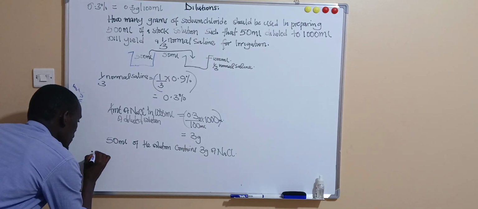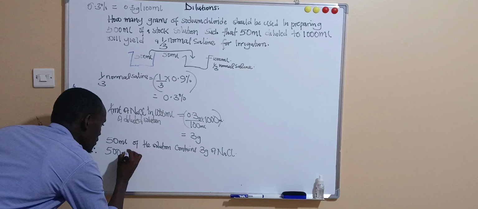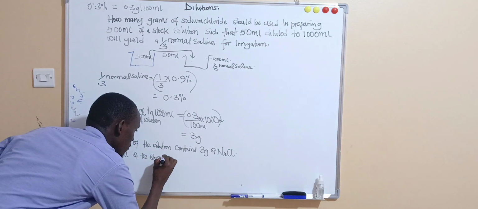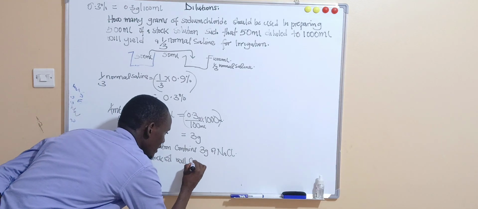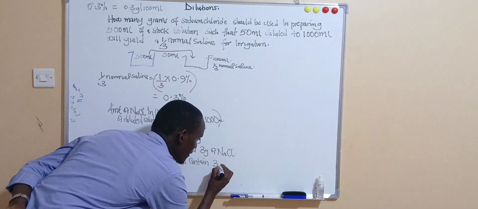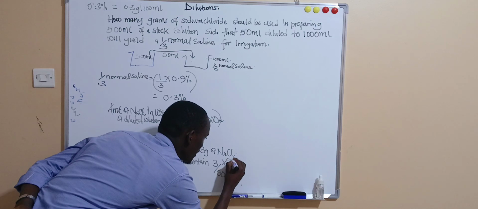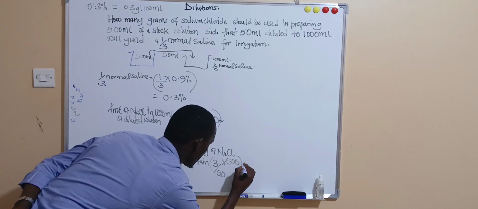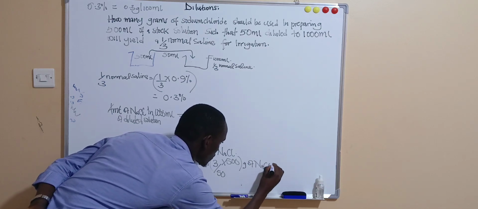Therefore, 500 mils of the stock solution will contain 3 out of 50 times 500 grams of sodium chloride.